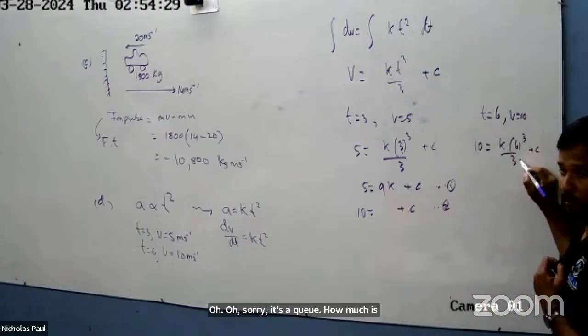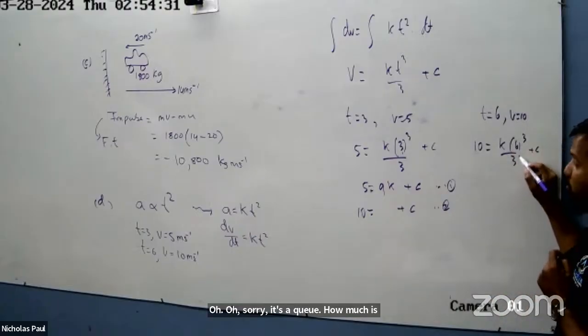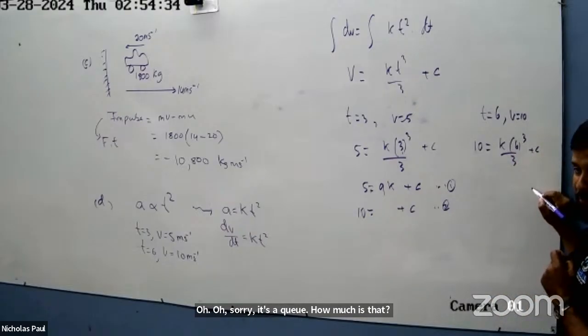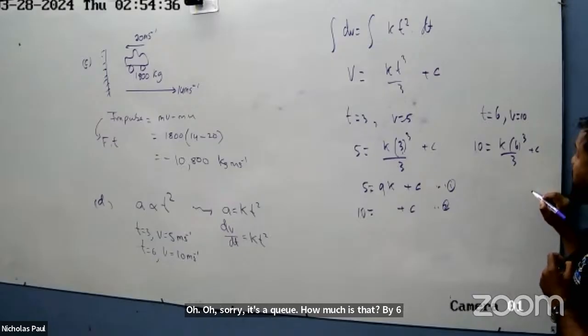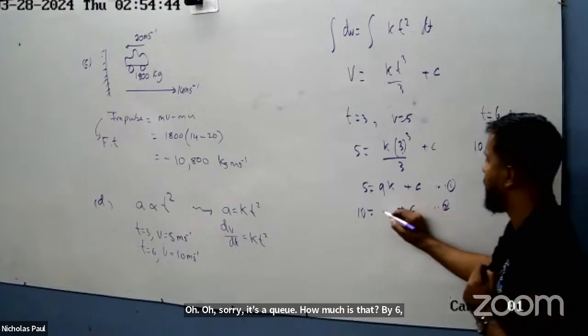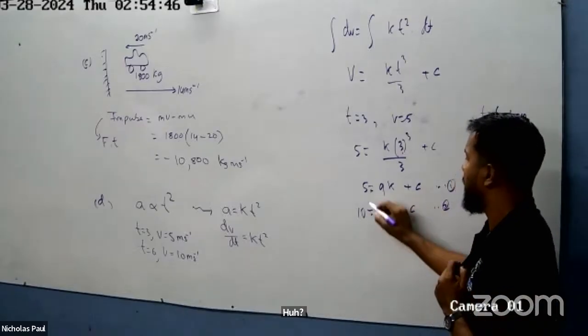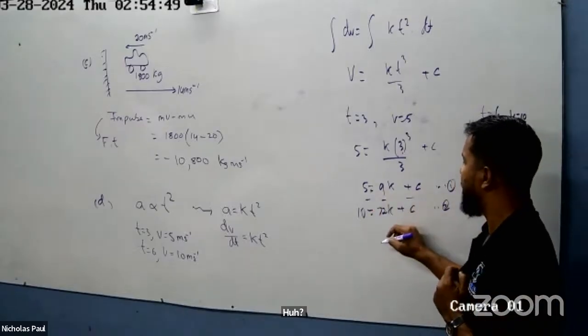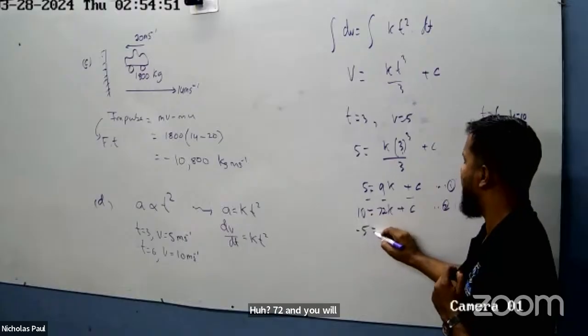How much is that? 72k. Subtract, and you will get minus 5 is equal to 63k.